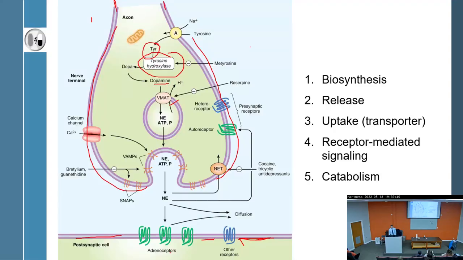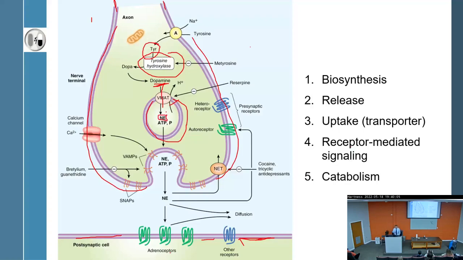Here you see the production of dopamine, and then dopamine gets incorporated into these things here, called vesicles. Inside those vesicles, the latest steps of synthesis happen, and then you have norepinephrine. You have some epinephrine too, but norepinephrine there.